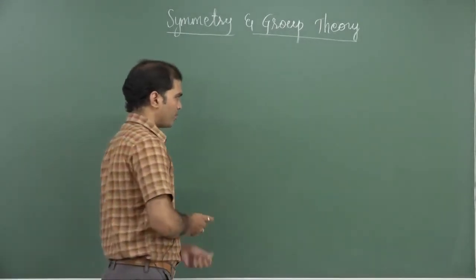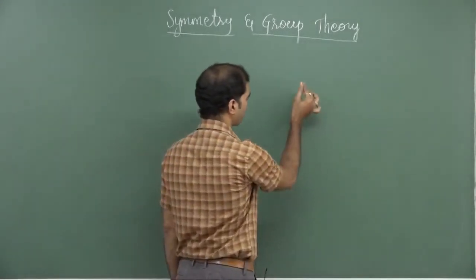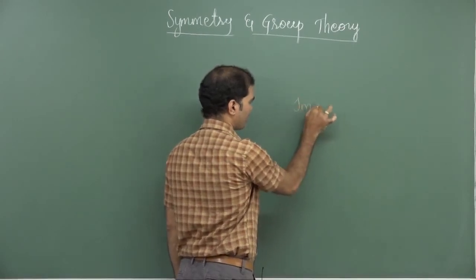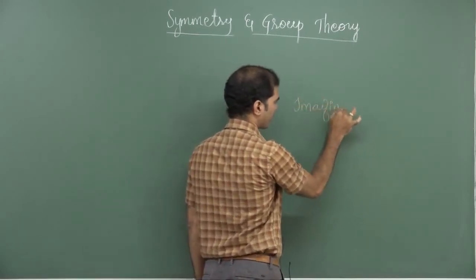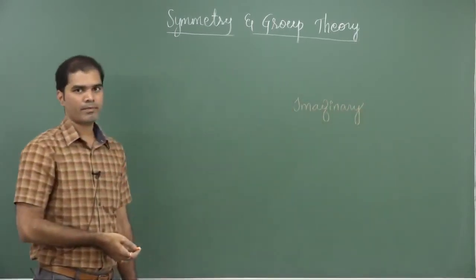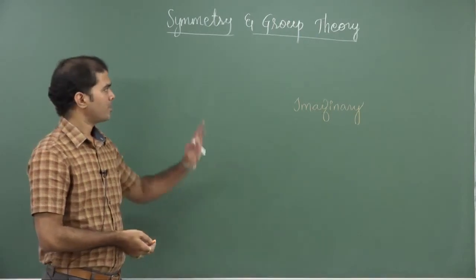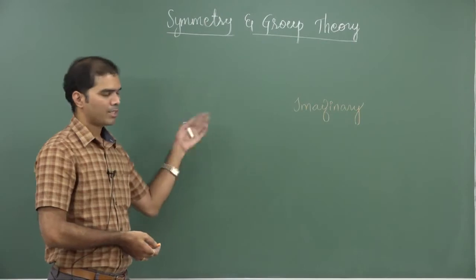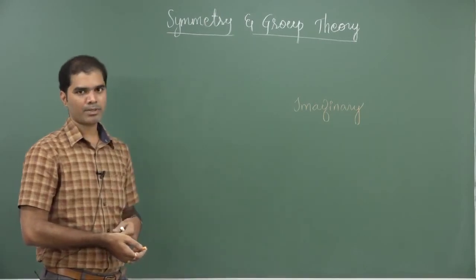Now the first important point is to understand symmetry. This particular concept of symmetry is purely imaginary. Whenever I say that a plane is present, I give you a water molecule, I say there is a plane that can bisect the molecule into symmetrical halves.